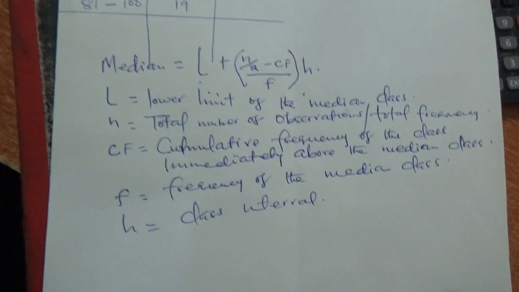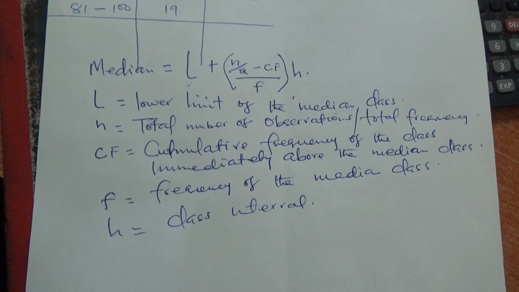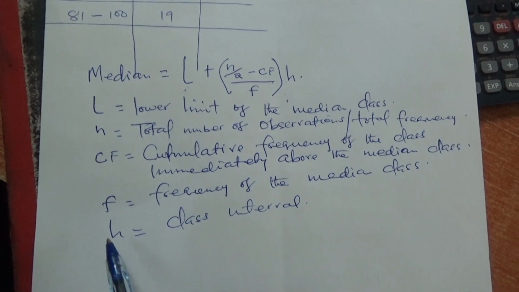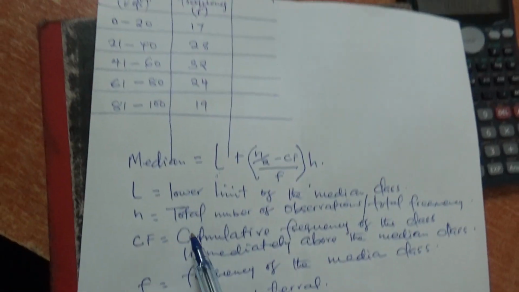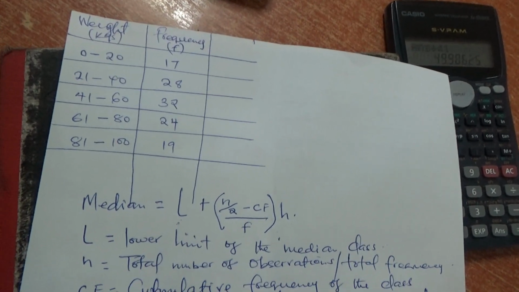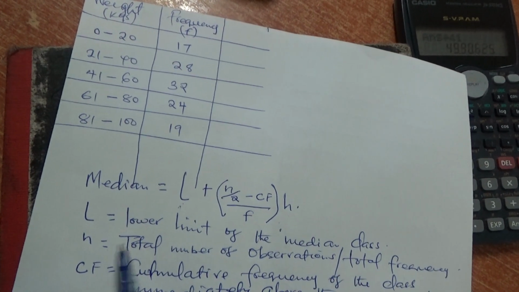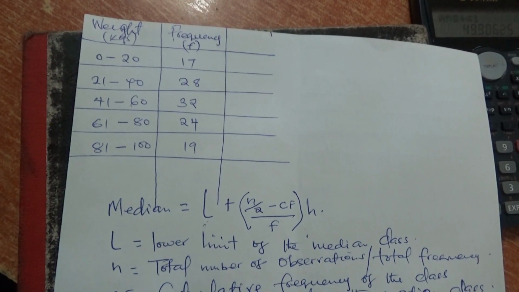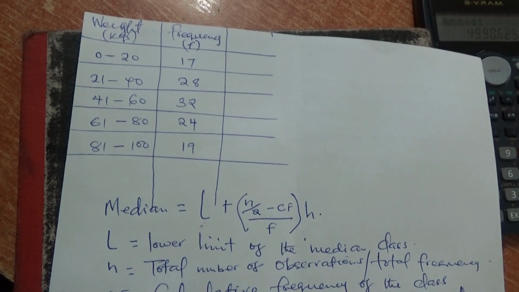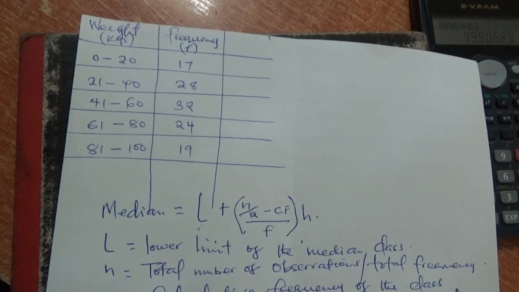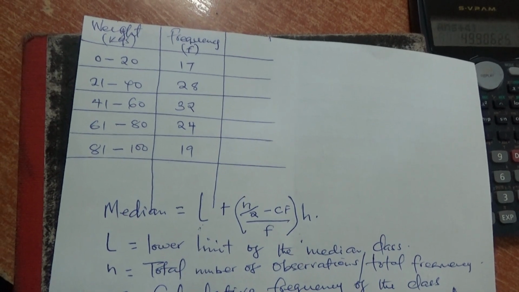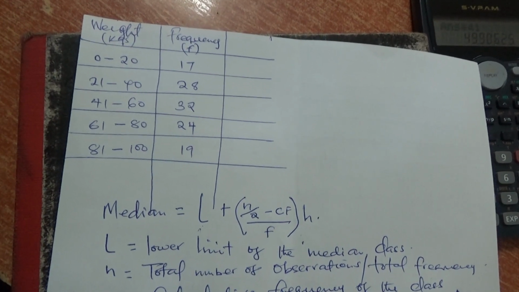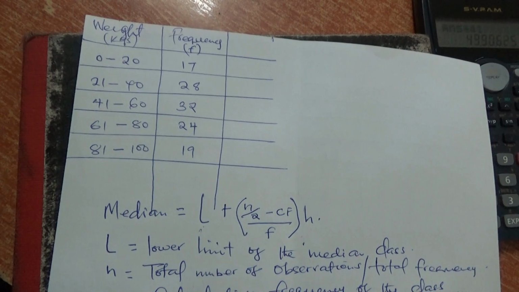Once you know what these letters represent, you should know where they are found in the table. For the lower limit of the median class, first you need to find where the median class is, and then you find the lower limit. That is the value of L. N is the total summation of all the frequencies.